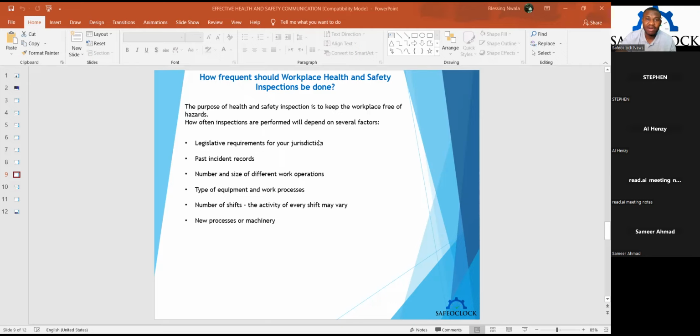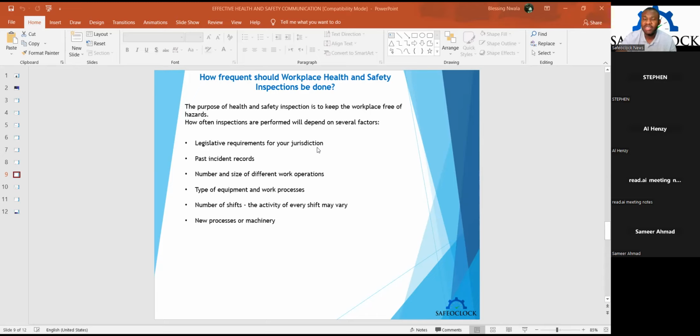Another factor is past incident records. If your organization is having regular incidents, or the number of incidents is increasing, that is an indication that you have to increase the frequency of your inspection. It simply means there are some hazards that are not identified, and some underlying causes that you have not adequately controlled.